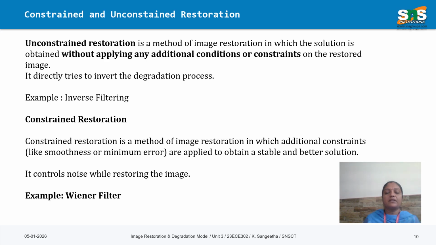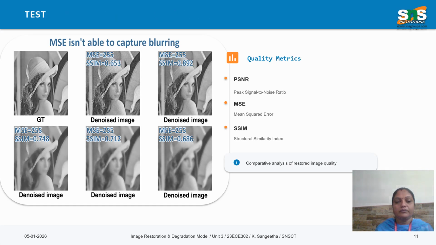The example is the Wiener filter. The inverse filter and Wiener filter are the main filters used for restoration. With the inverse filter the degraded image can be restored, and by using the Wiener filter, both the noise and blur functions can be handled.